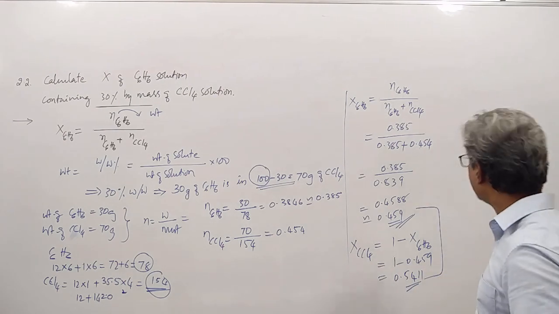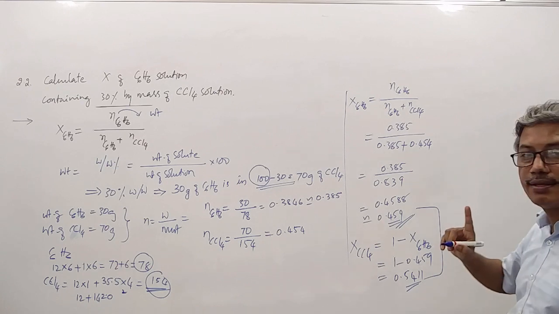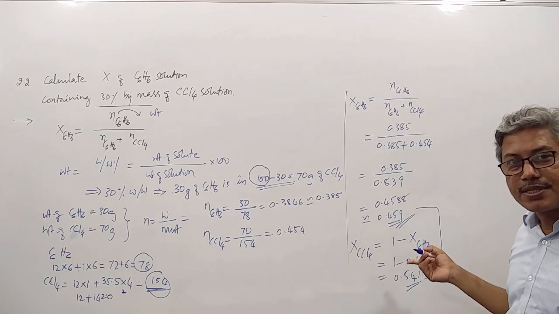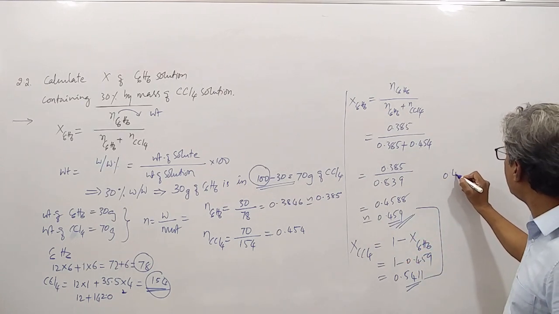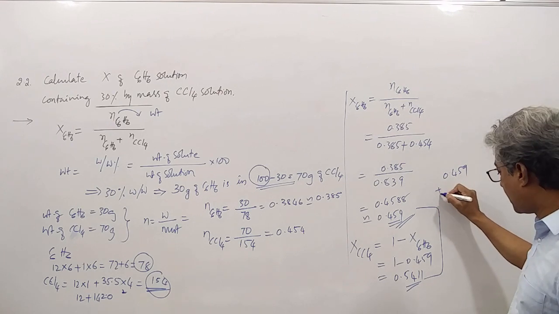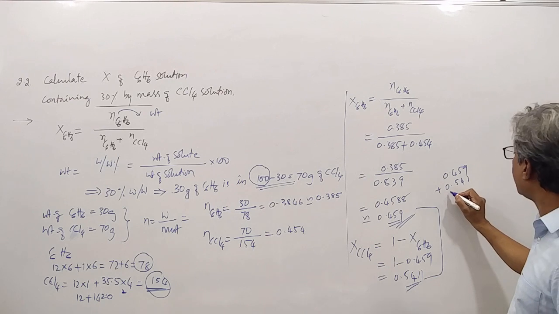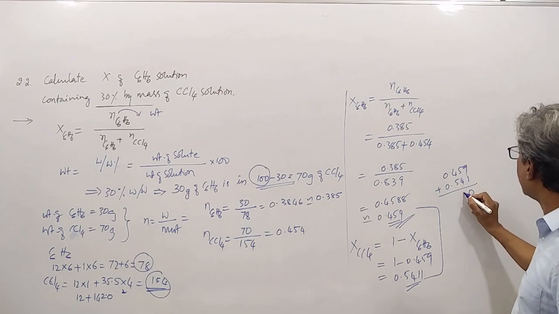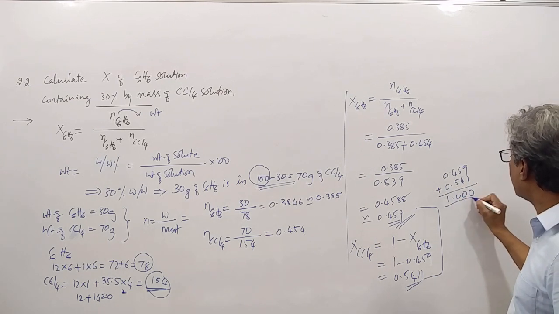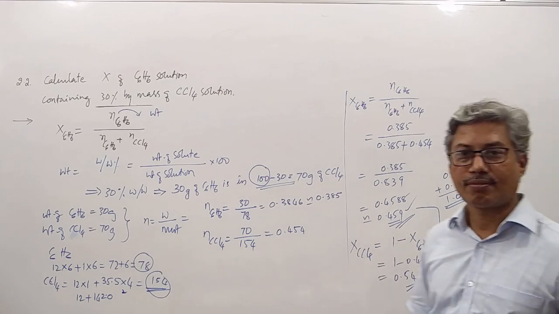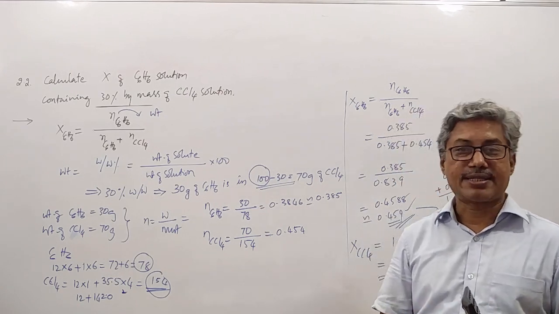To check whether it is correct, if you add these two, how much you should get? 1. Sum of the mole fractions is always equal to 1. So 0.459 plus 0.541 is 1. So it is correct. Clear, students? Okay. Let's take another example.